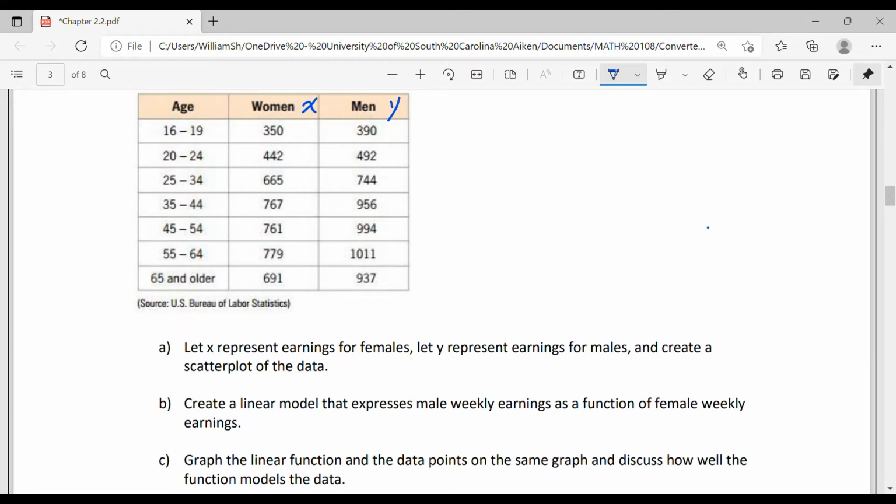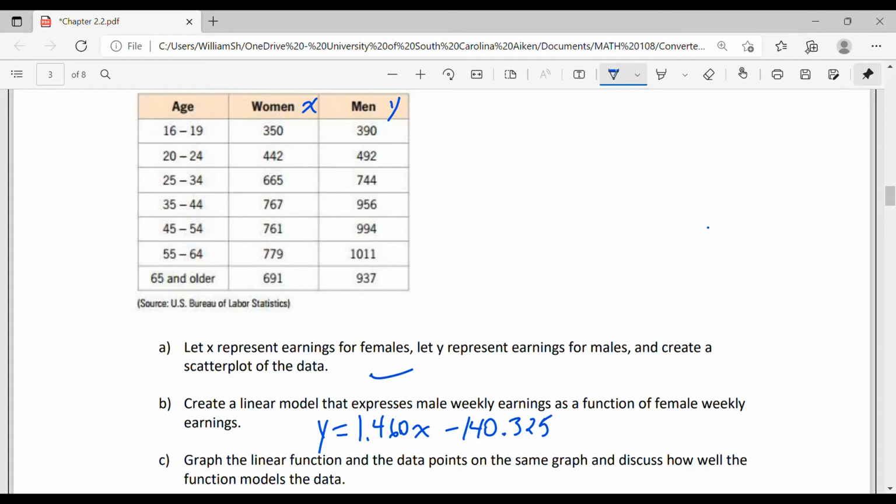Alrighty, guys, back over here at the lecture notes. We did part A. We're good to go. We did the scatter plot. We need to create the model here. The model that we found was y equals 1.460x minus 140.325.